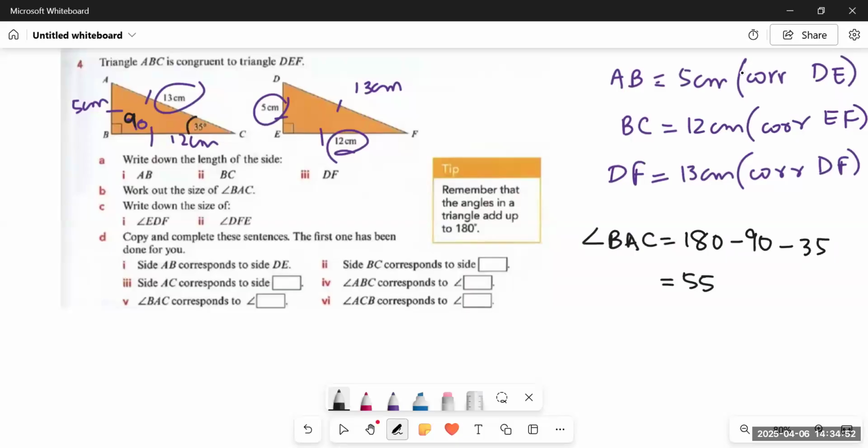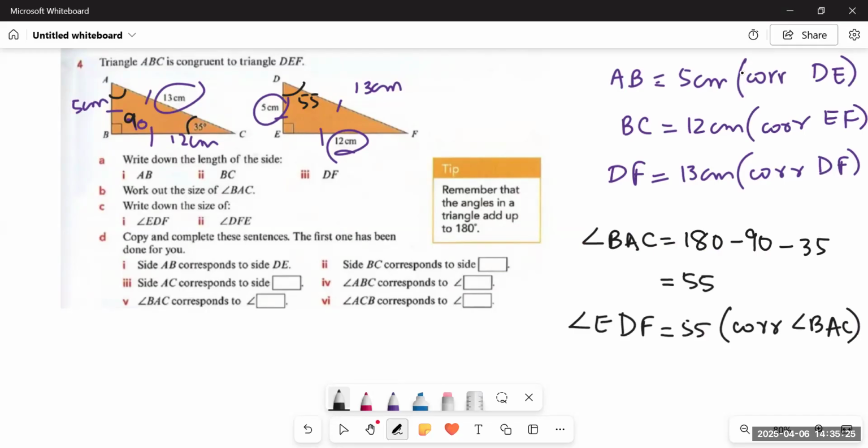That's all. Now, let's talk about part C, where we have to write down the size of angle EDF. So if this angle is 55, EDF would also be 55 because these two angles are congruent to each other. So we will write angle EDF is equal to 55 as well because it's corresponding to angle BAC, which is already found, that is 55 degrees.